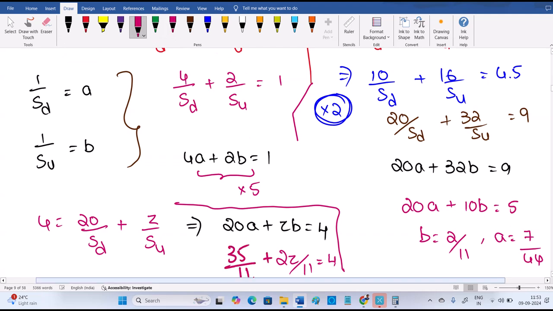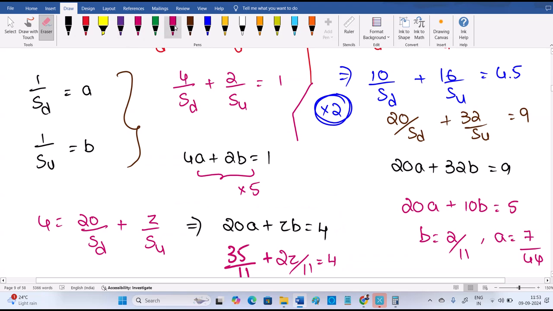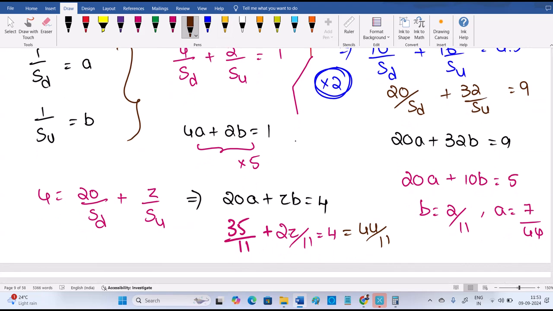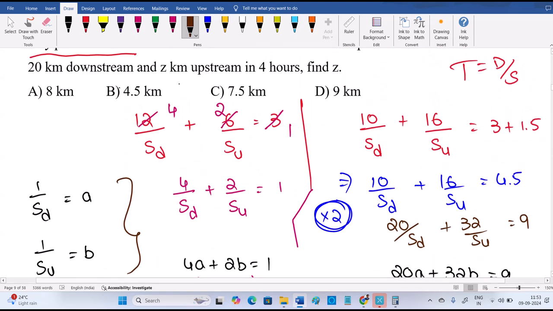So guys, I got 4 already, means 40. The right side 4, denominator 11 is common, can be written as 44 divided by 11. So I have already 35, I want 9 extra in numerator. 35 plus 9 is 44. 2Z should be equal to 9. So Z is nothing but equal to 4.5.